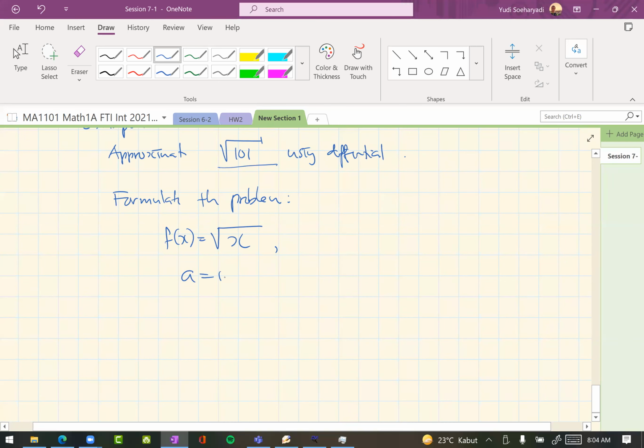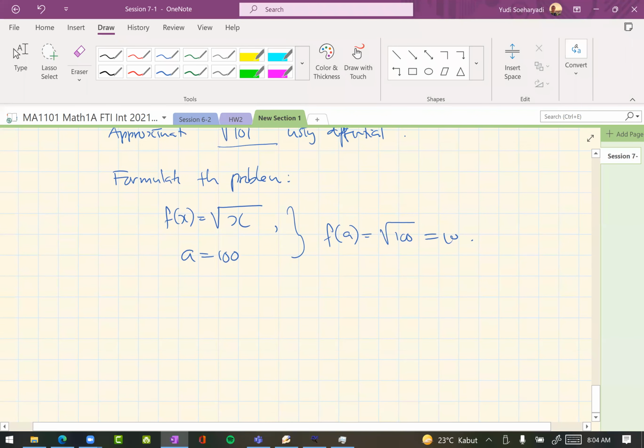Say a equals 100. We know that f of a is easy.